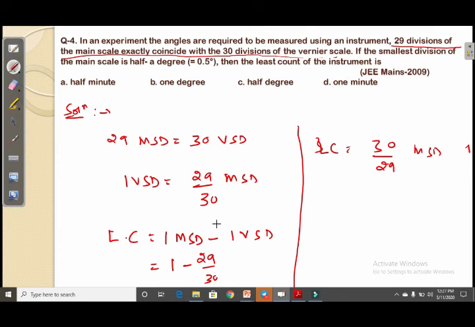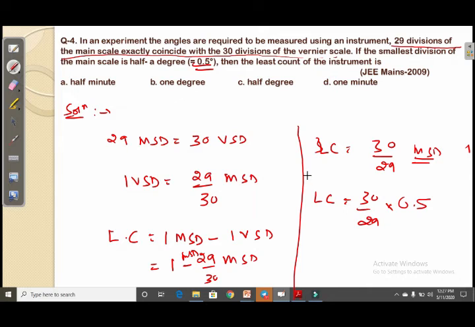So this is nothing but the main scale division, and the value of one main scale division is equal to 0.5 degree.